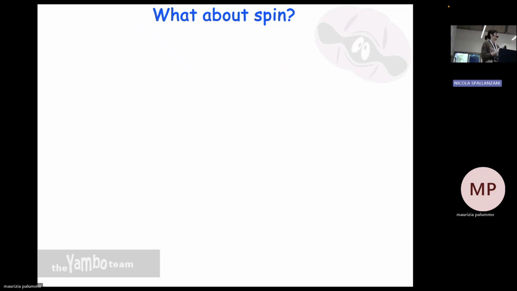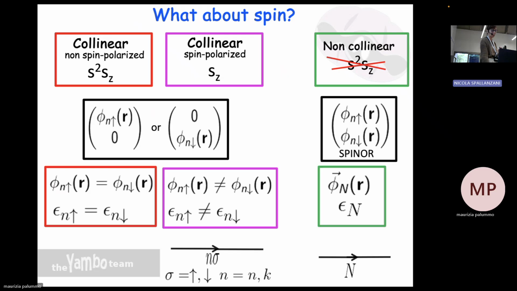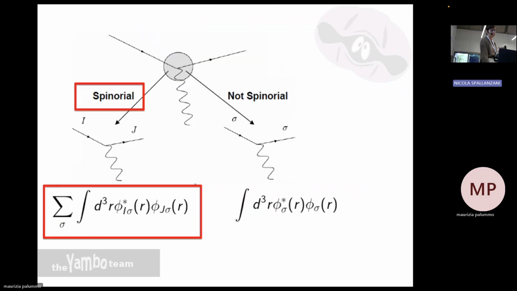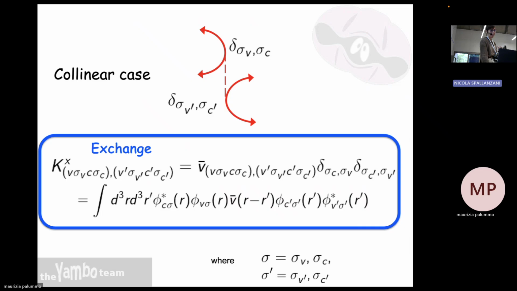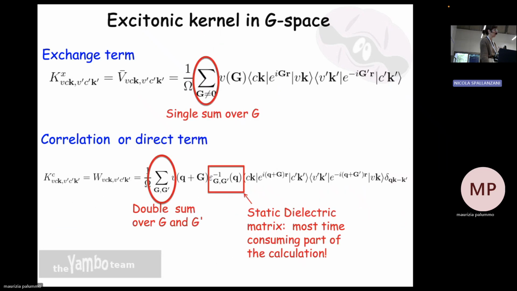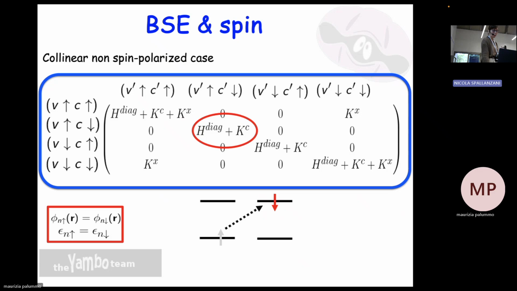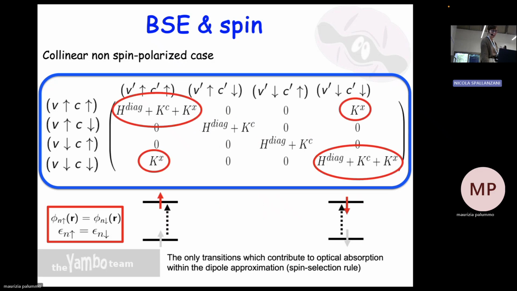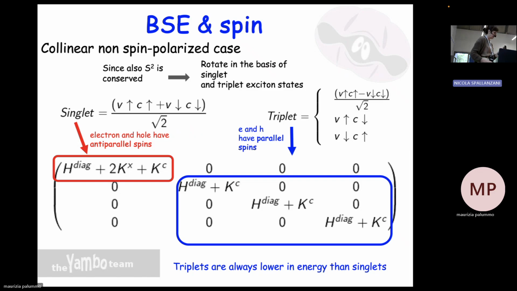There is some mathematics, but let me just tell you what you will see in the tutorial. If you treat materials that are non-spin polarized, what we call the collinear non-spin-polarized case, let's say silicon, boron nitride, whatever it is, what you can demonstrate mathematically is that when you solve the equation, you are not actually solving the equation that I showed before.